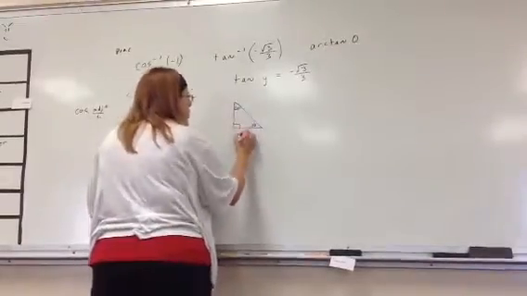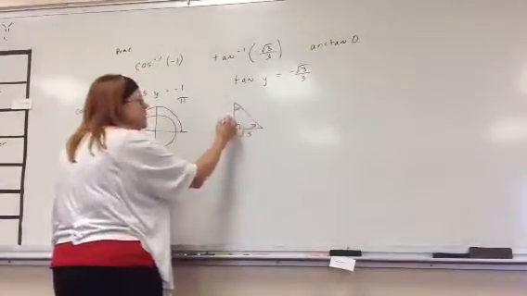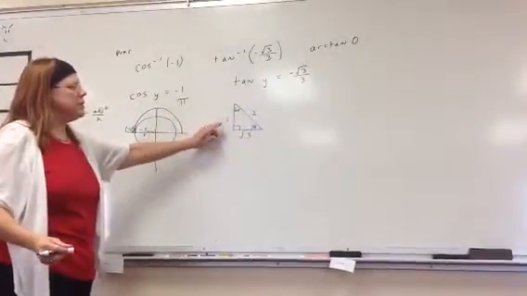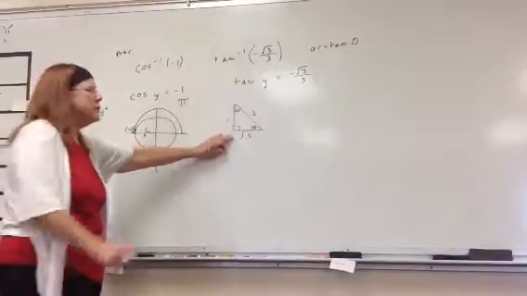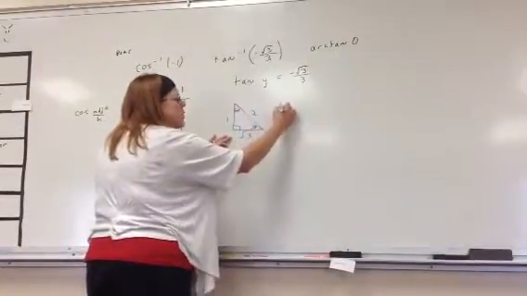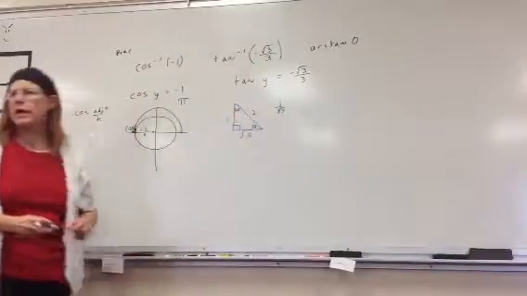So remember, the square root of 3 is here, 1 is here, and 2 is here. Tangent is opposite over adjacent. So the tangent is 1 over the square root of 3, but that leads into that answer, right?